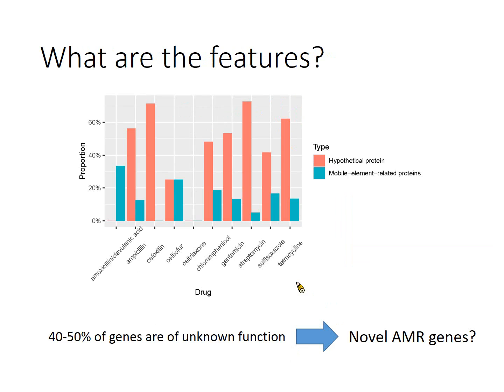We also investigated the functions of selected genes. Surprisingly, we found that about 40 to 50% of the genes are annotated as hypothetical proteins, which indicates that their functions are unknown. In other words, these genes may be novel antimicrobial resistant genes and worthy of ongoing exploration.